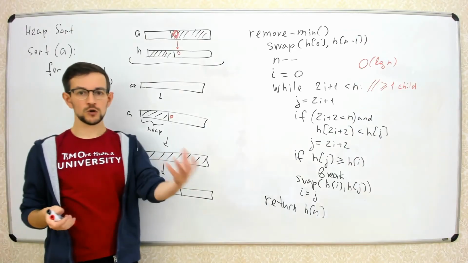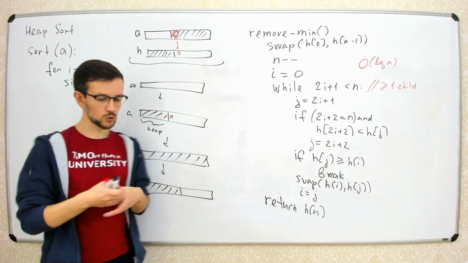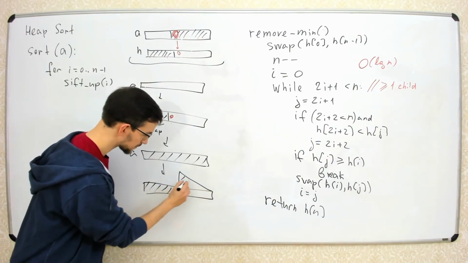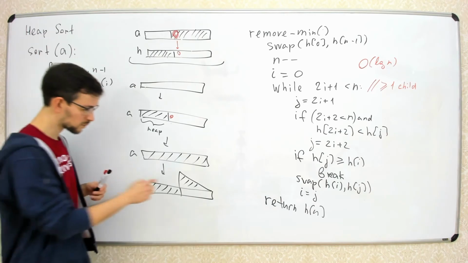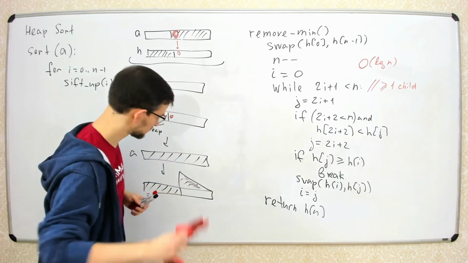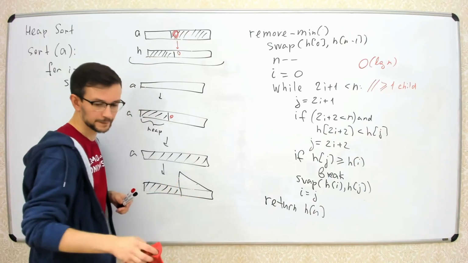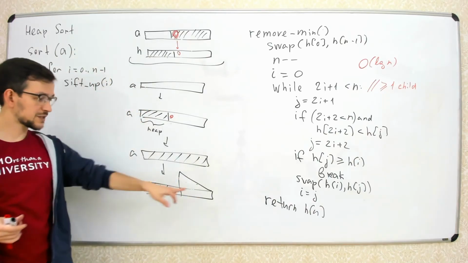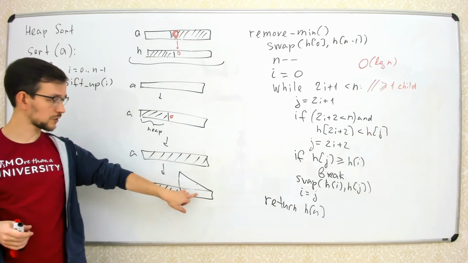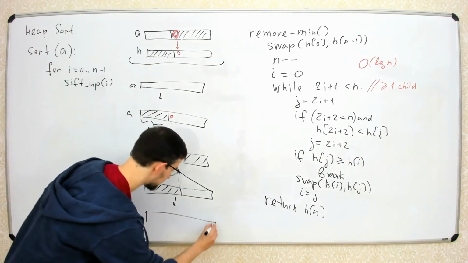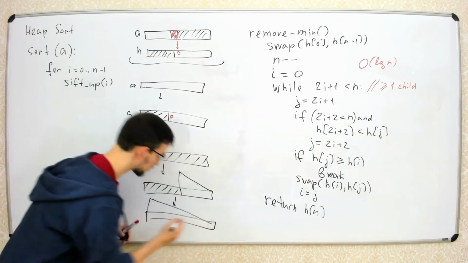So you remove elements in increasing order, so they will be put here in decreasing order. Again, this is the first element removed, this is the second element removed, and so on. So in the end, you will have the array sorted in decreasing order.